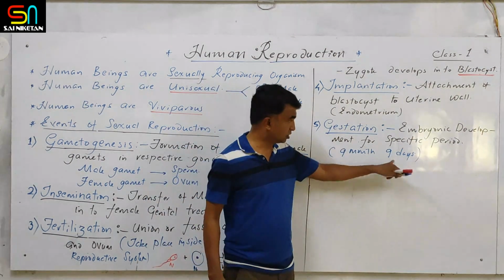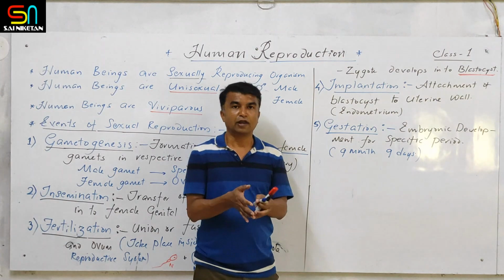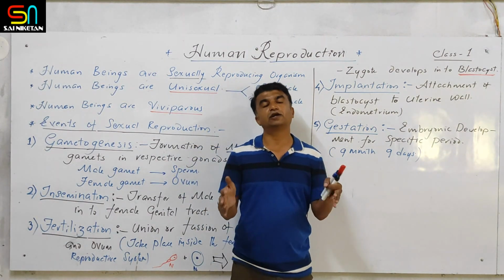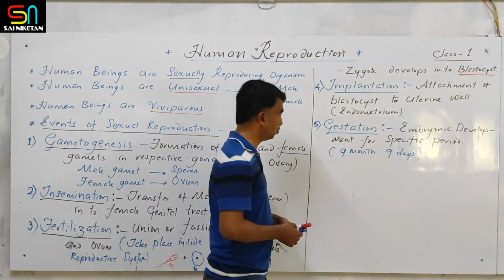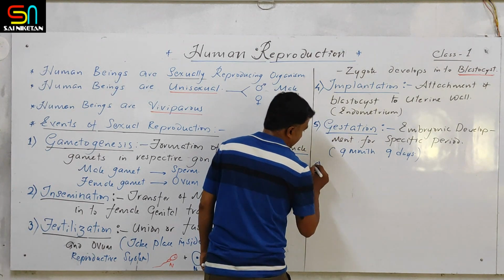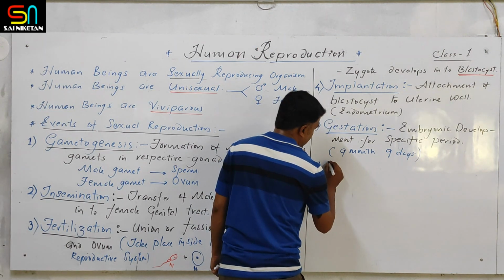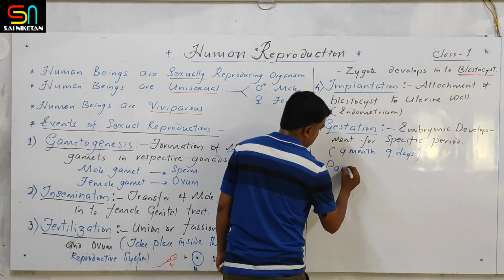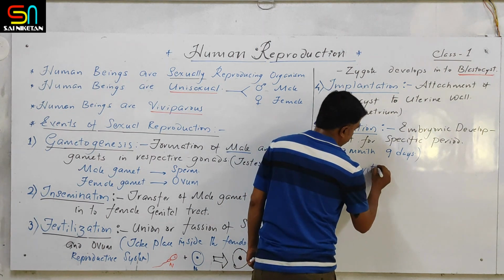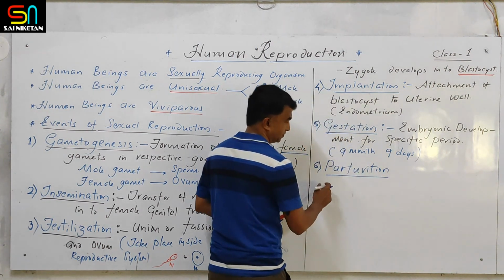After completion of this period, after crossing 9 months, 9 days, now the fetus is completely developed. Clear? When the fetus is completely developed, the mother is unable to carry that fetus, and the fetus will come outside. That process is called parturition.